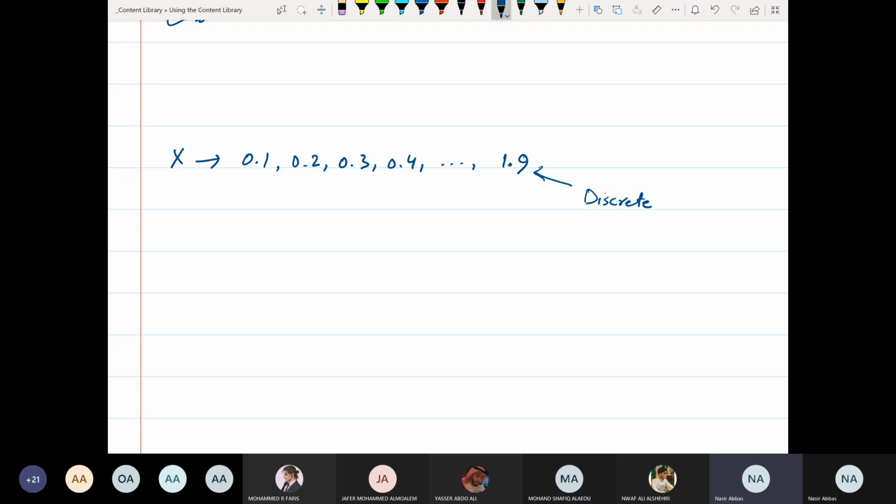Muhammad Faris, what is your opinion? Same thing, it is discrete. Jafar, I agree with them. Ali Abdul Rauf. Same thing, because we have only specific values. Yes, this is discrete. But what if I write that x belongs to a domain 0.1 to 1.9? Muhannad.